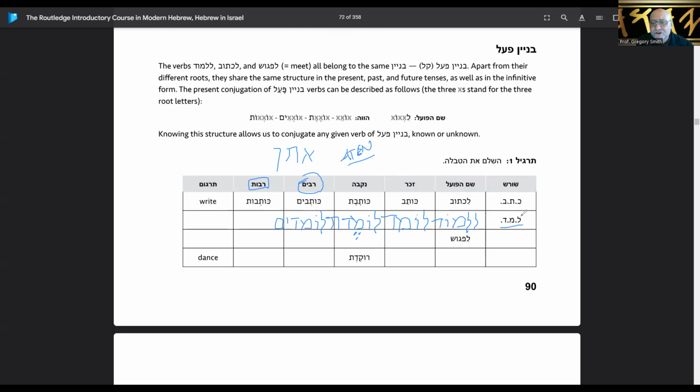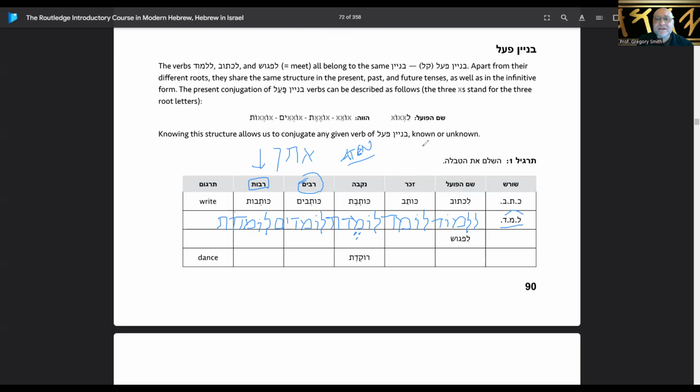So then we have to take this shoresh here, and I think it's going to be something like lomdot. So let's say aten lomdot. אתן לומדות. Yeah, aten, not atem. Aten lomdot. You all are studying. So that takes care of the rabot category, which means feminine plural.